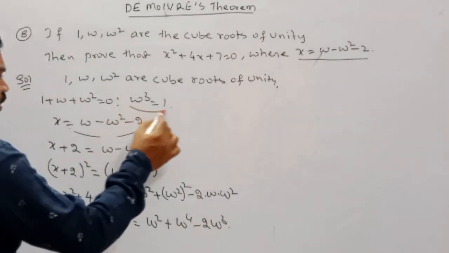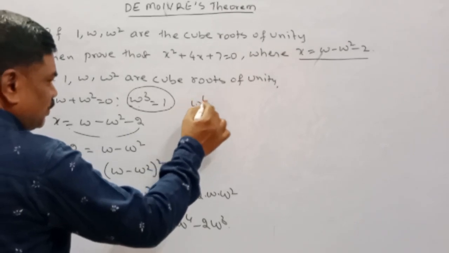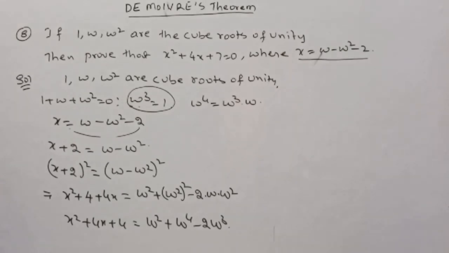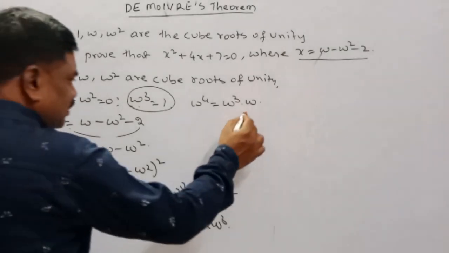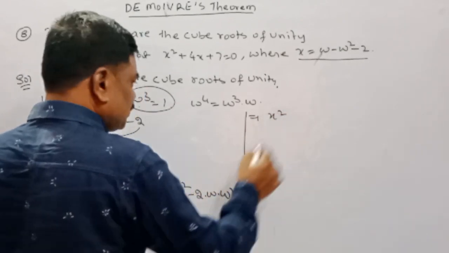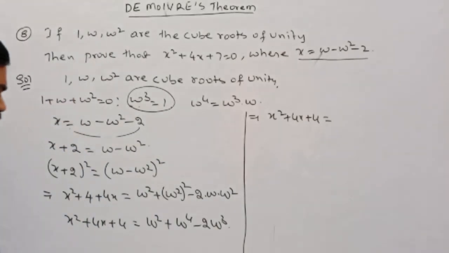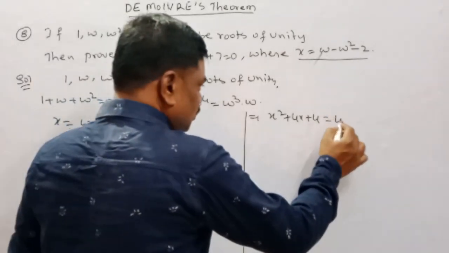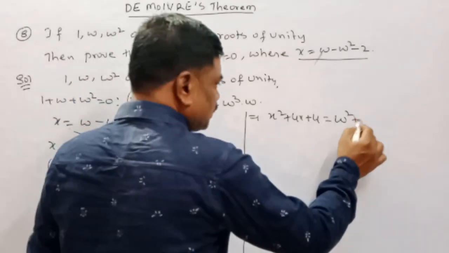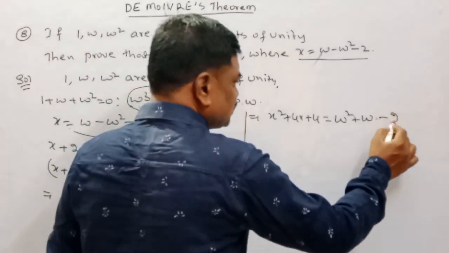But what is omega cube? Omega cube is equal to 1 and omega power 4 is equal to omega cube into omega. So x square plus 4x plus 4 equals omega square plus omega minus 2.